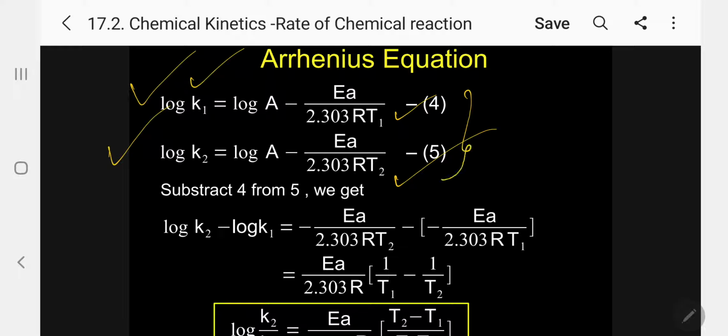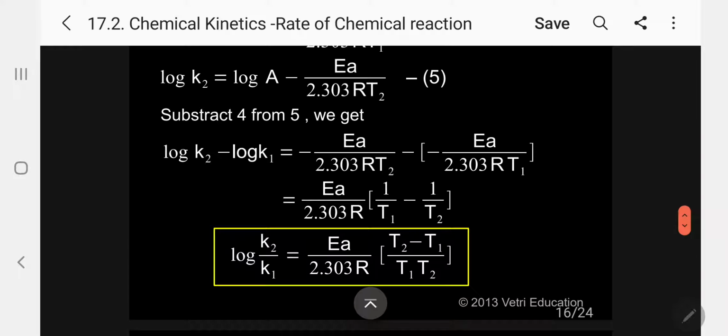So from these two, subtracting 4 from 5, we will get log K2 minus log K1 equal to minus Ea by 2.303 RT2 minus, within bracket, minus Ea by 2.303 RT1. Rearranging in a more convenient form, I can write log K2 by K1 equal to Ea by 2.303 R into T2 minus T1 by T1 T2.